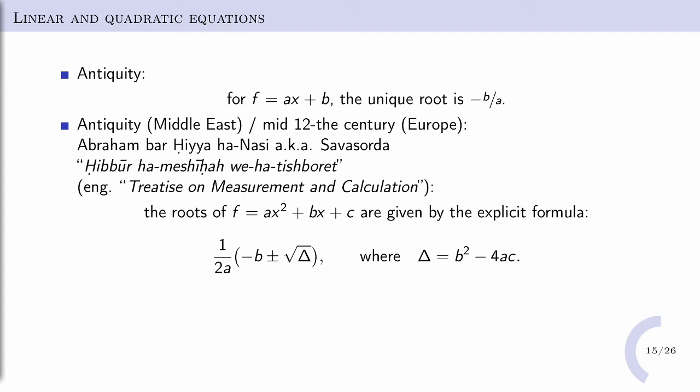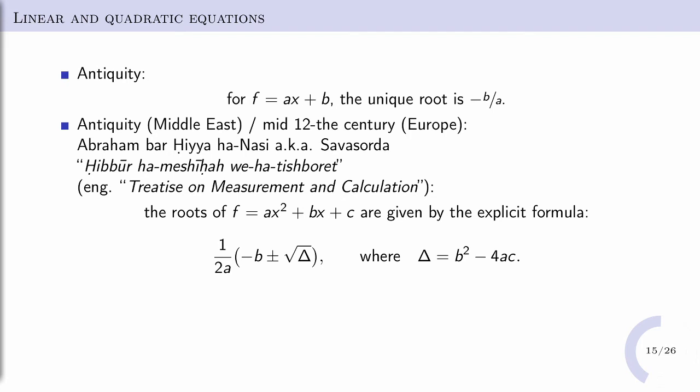It says that we compute the discriminant of this polynomial, b squared minus 4ac, and then the roots of the polynomial are 1 over 2a times minus b plus or minus the square root of the discriminant. This formula was already known in antiquity, in Mesopotamia, in Babylon.